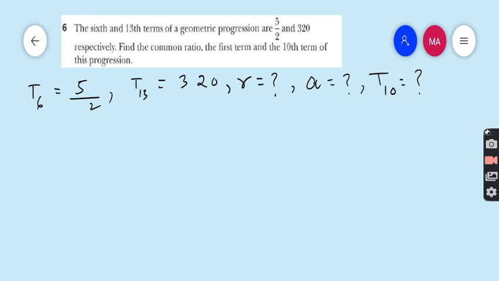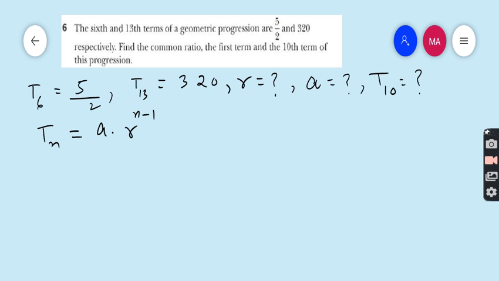We know the formula of the nth term is an equals a dot r to the power n minus 1. Instead of an, it is comfortable to write tn, because we wrote t6, t13, and we need t10.